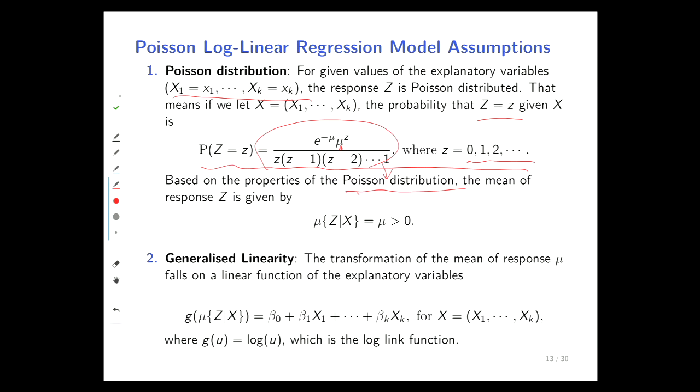So let's look at the meaning of mu. How do we compute the mean of the response? Obviously Z is a discrete random variable. If you still remember how to compute the expectation or the mean of a discrete random variable, usually when we have the distribution in this way, this probability describes the distribution.